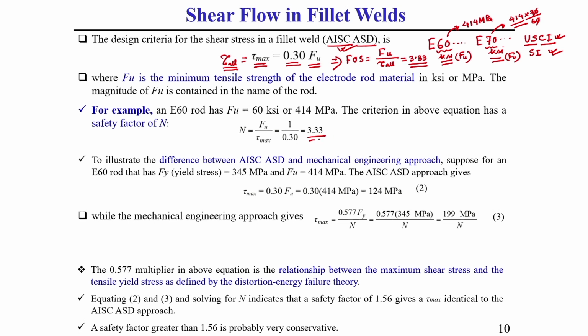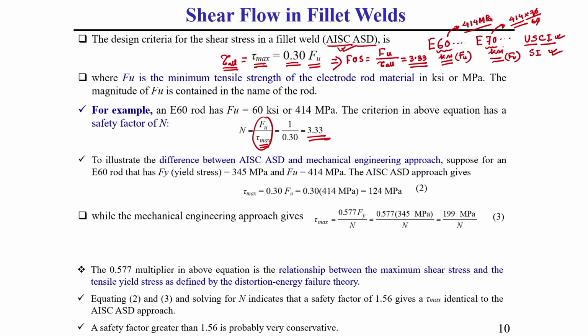So, what is the factor of safety here? We are getting Fu by tau max. What is Fu? Fu I have already explained: in case of an electrode, the minimum tensile strength of the electrode is considered as Fu. And what is tau max? Tau max is tau allowable.